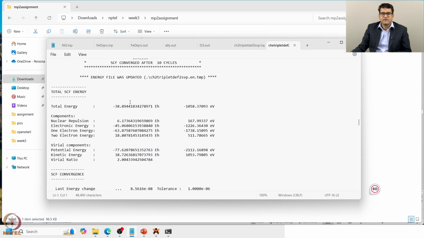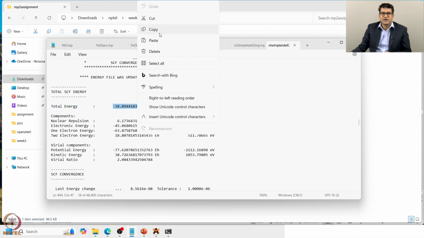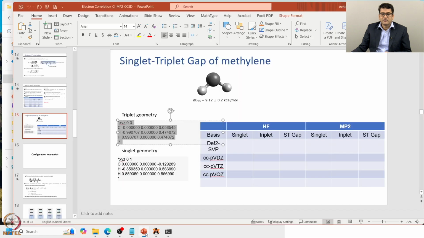So this is my SCF energy. The advantage is that I will get both the SCF energy and the MP2 energy from the same calculation.